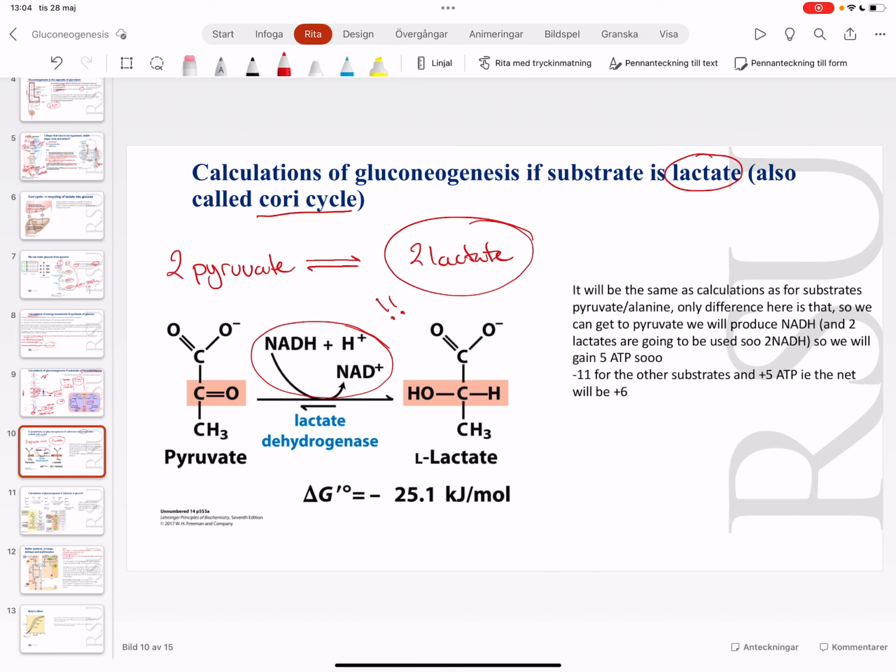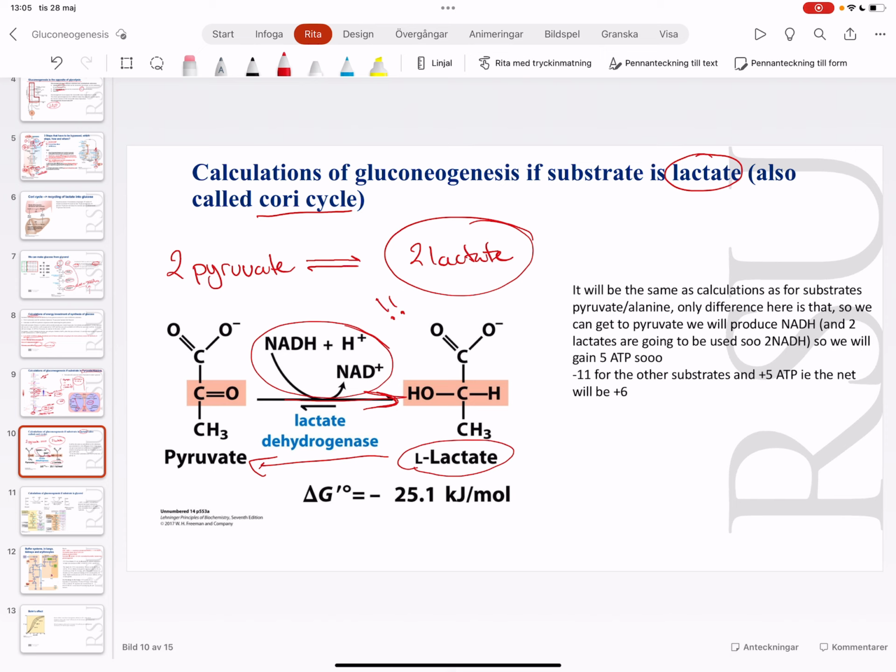So when we go from lactate to pyruvate, because it's gluconeogenesis, we will use NADH. Okay, so this reaction is going mostly this way. This picture isn't really good for what I want, but just try to reverse it in your mind. But basically, from lactate to pyruvate, you will use NADH. I was right. Okay.